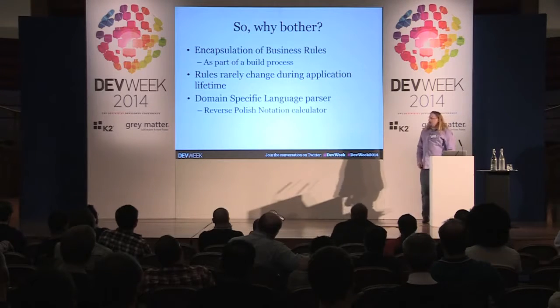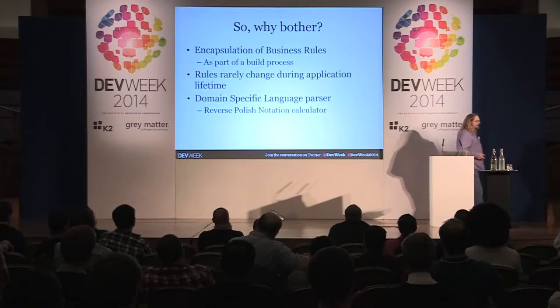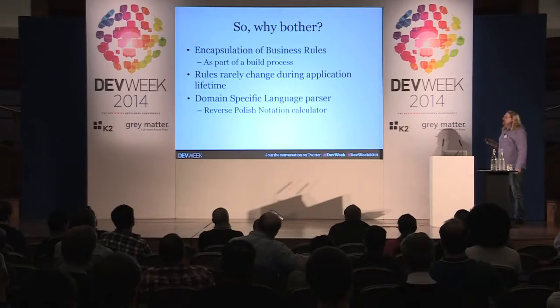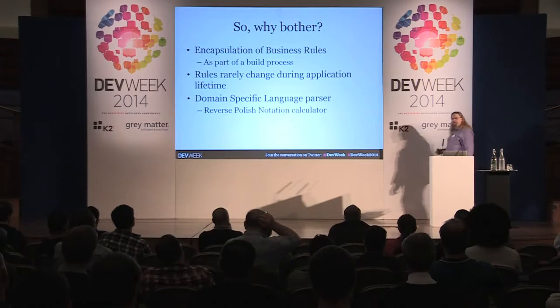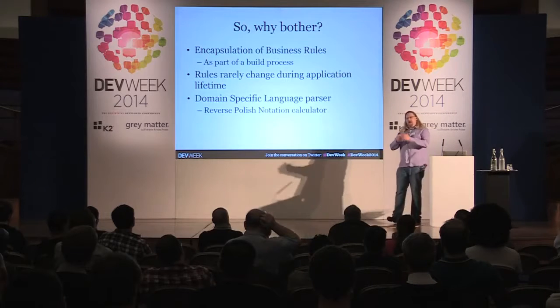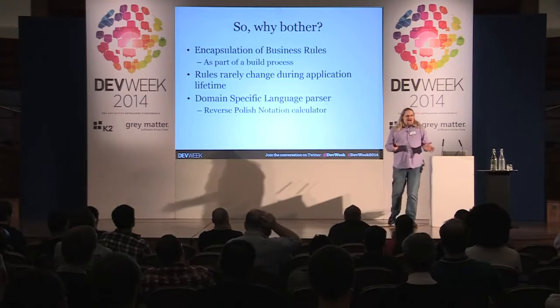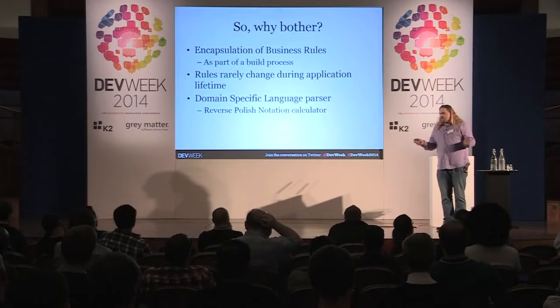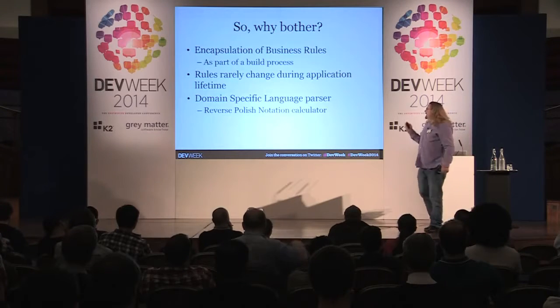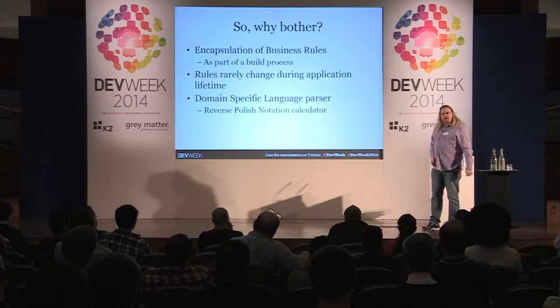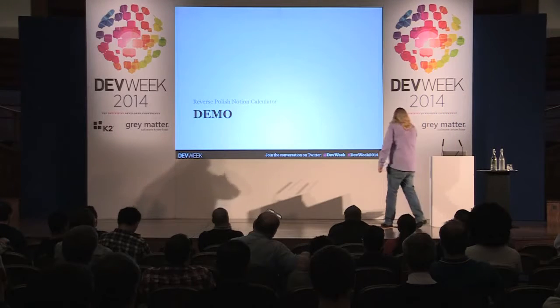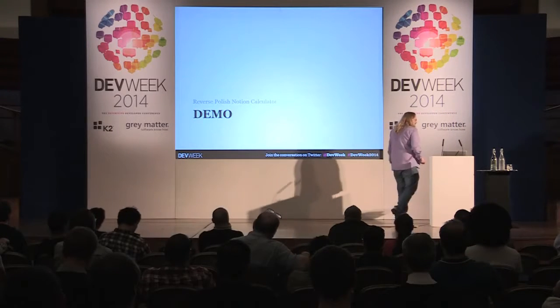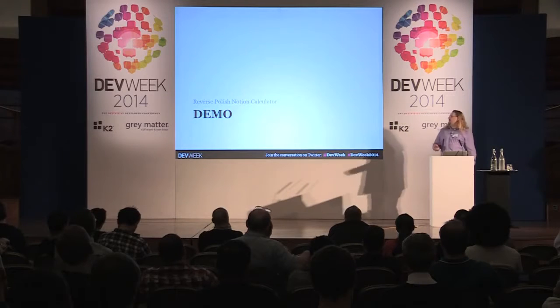So, the other big one is, how about this? How about a domain-specific language parser? How about taking something that you can express as a rule set, as a string, for example, decompose it, and then turn it into something that can be executed? So, the example that I'm using here is the reverse Polish notation calculator.